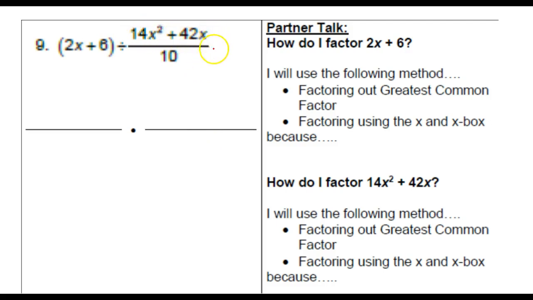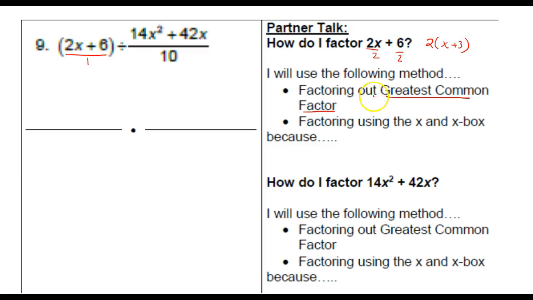That was the biggest thing for a lot of students. So one of the things we do when we have fractions is decide whether we factor using the greatest common factor, for this one 2x plus 6, or the x in the x box that we've been using. For this one, I noticed that they do have something in common, so I could take a 2 out, and that would be x plus 3.